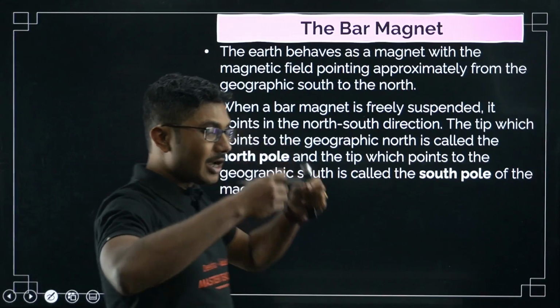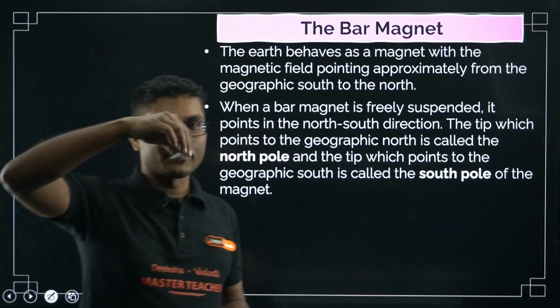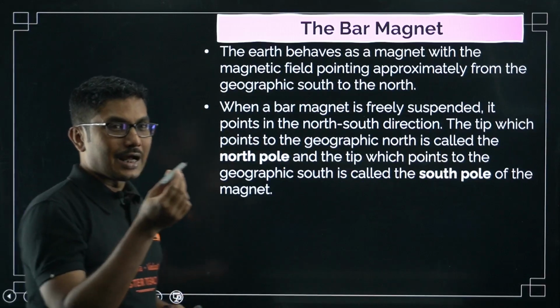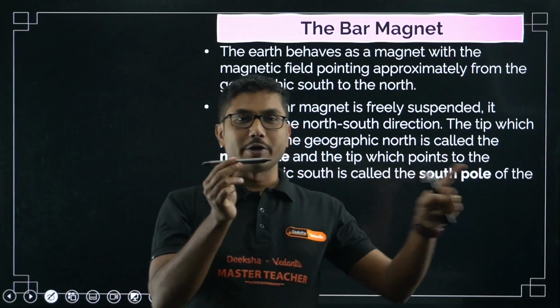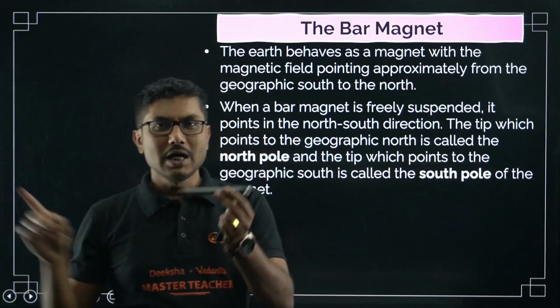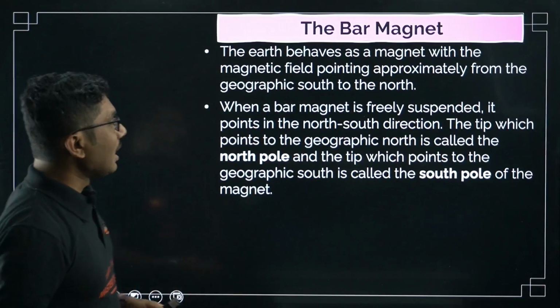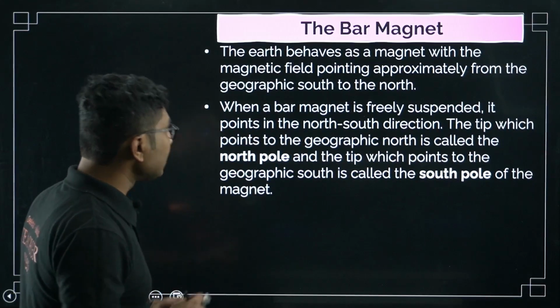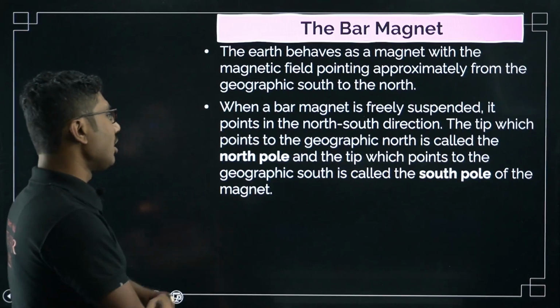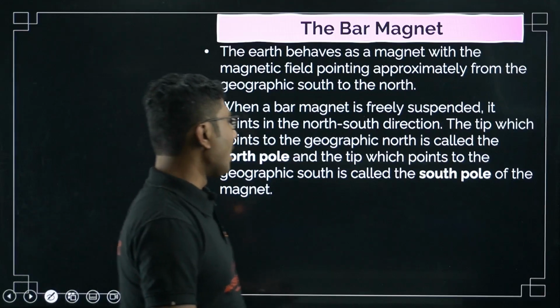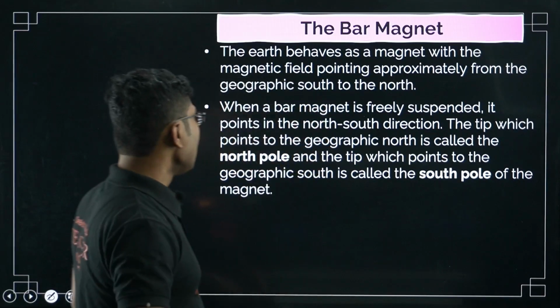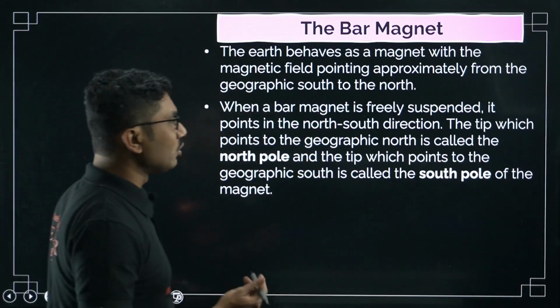So basically if you suspend a bar magnet, after some rotation it will eventually become static, and one end will point towards the north and one end will point towards the south. The tip which points to the geographic north is called the north pole, and the tip which points to the geographic south is called the south pole of the magnet.